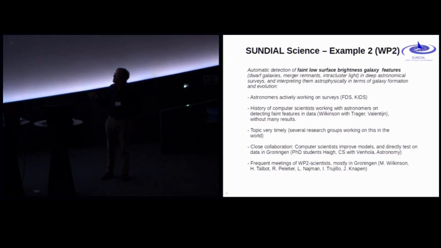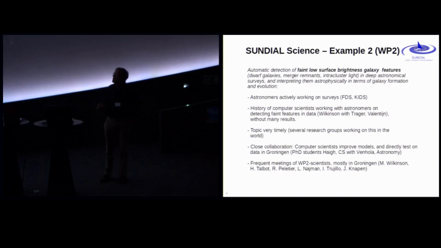We have computer scientists who have experience in doing this in the past, here in Groningen, for example, Michael Wilkinson and Scott Trager and Edwin Valentijn at that time. We have PhD students in both fields, computer science and astronomy, who work in pairs. That means that the domain knowledge is basically there all the time. And we have frequent meetings of scientists.